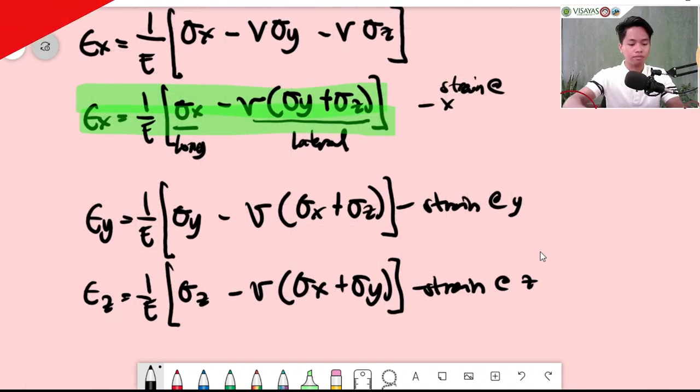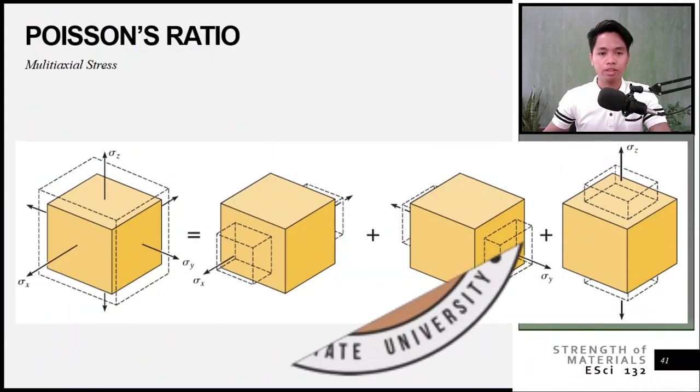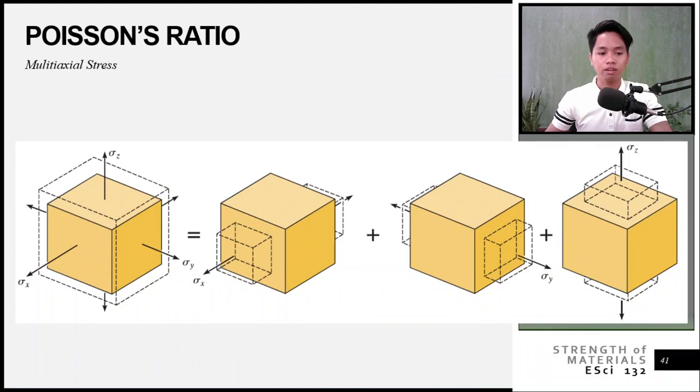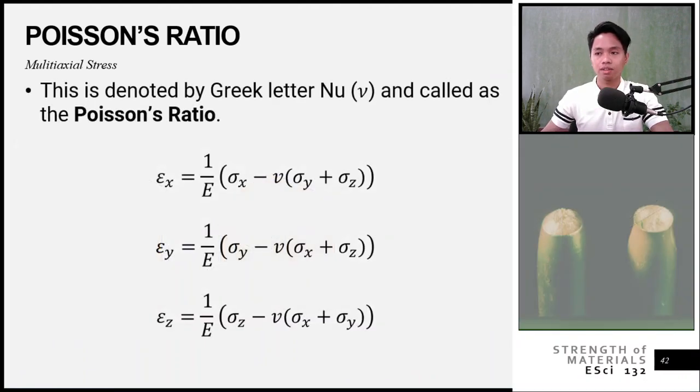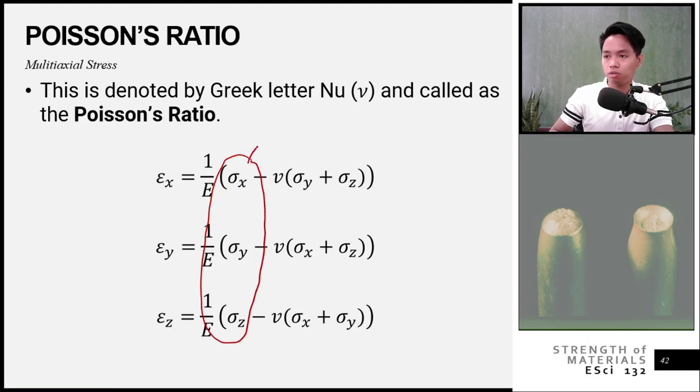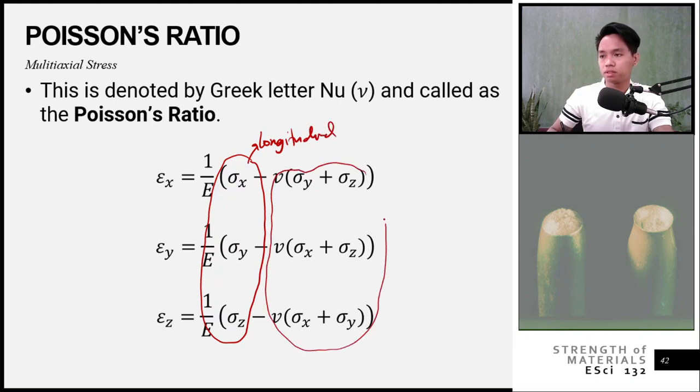Okay, let's go back to our PowerPoint. We have here the formula as derived. For the strain at x, the first term is your longitudinal, and the terms with Poisson's ratio beside them are your lateral.